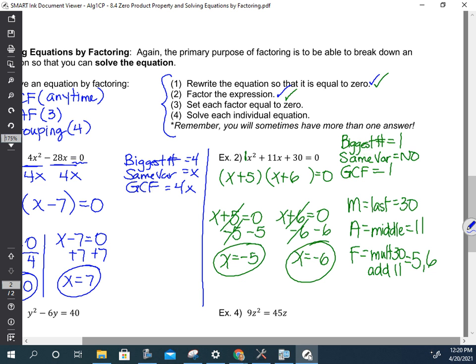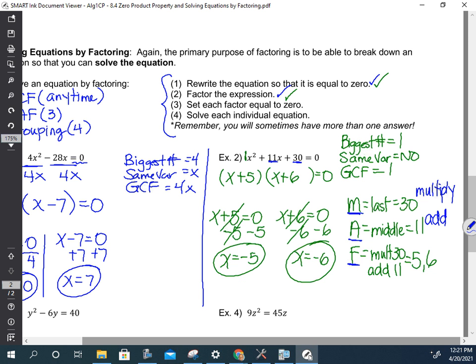So let's look at MAF one more time. Once you identify that the greatest common factor is 1, or it's not going to come out, the M is the last number. The A is the middle number. To get the F, you figure out what two numbers will multiply to 30 and add to the 11.